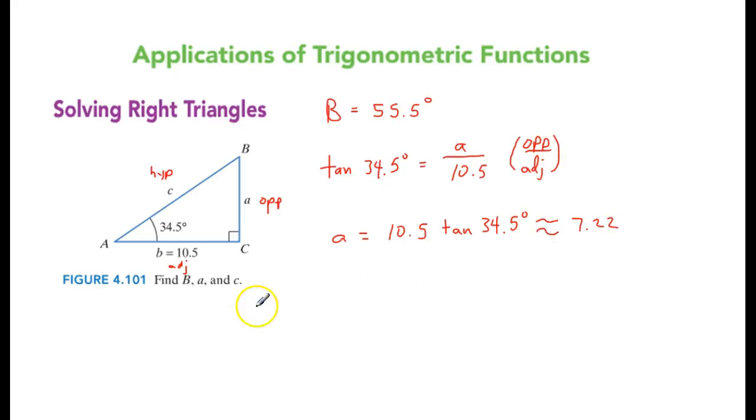Now you have to look and make sure that makes sense. B is opposite of the 55.5-degree angle. A is opposite of the 34.5-degree angle. There's always going to be that relationship that the bigger angle is always going to be opposite a bigger side. So 55.5 and 10.5, 34.5 degrees and 7.22.